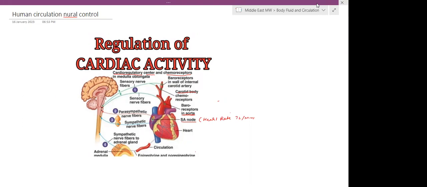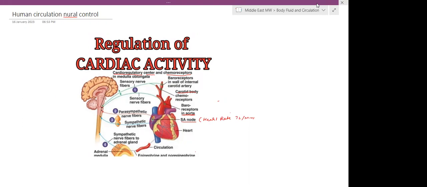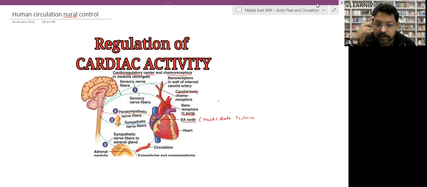If you have any issue with either of these, your heart will be affected. You know what hypertension is? People who get tension, panic, more tension, their blood pressure will increase. So your heart is affected by your nervous system.